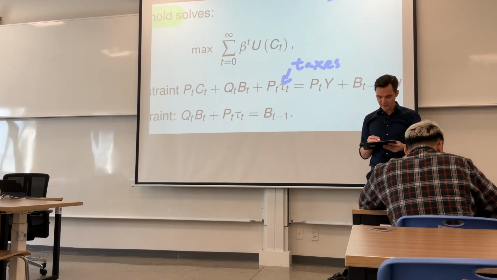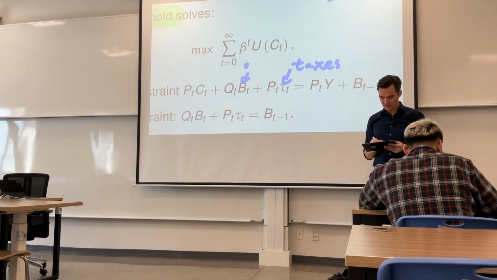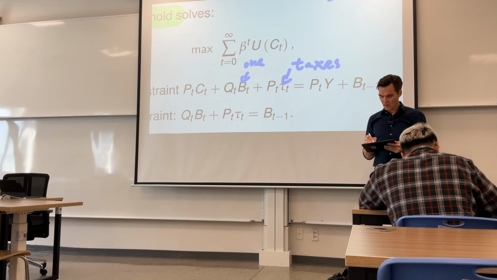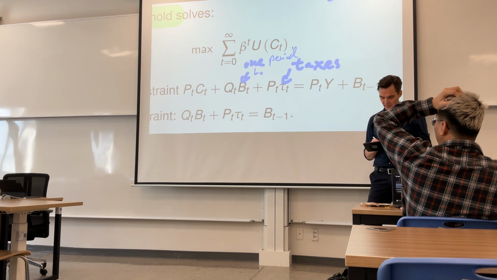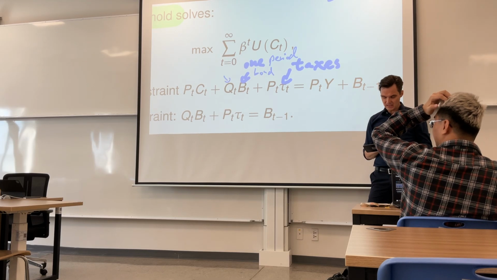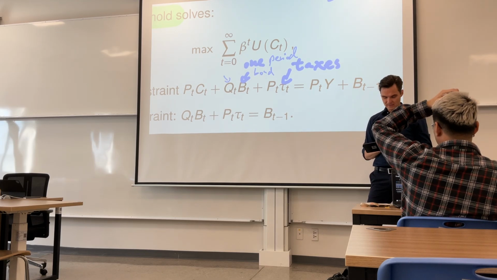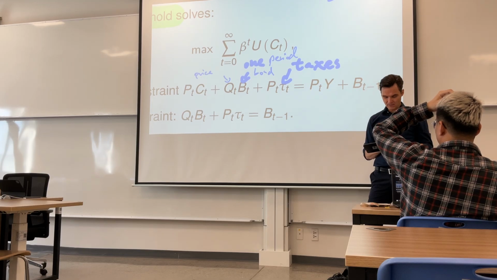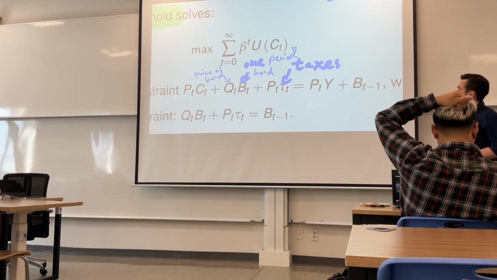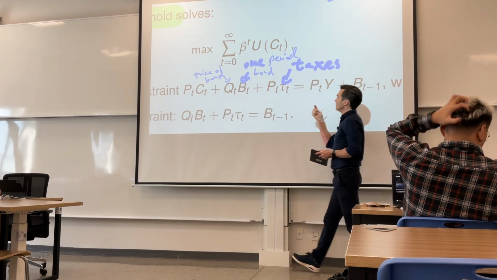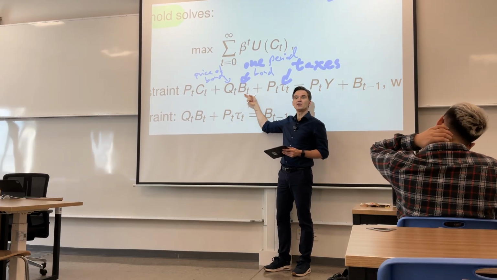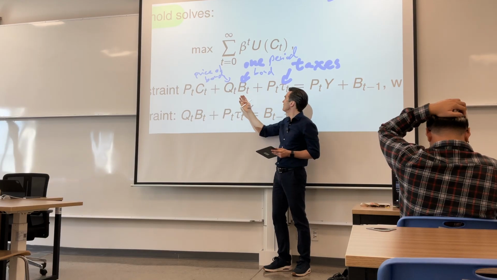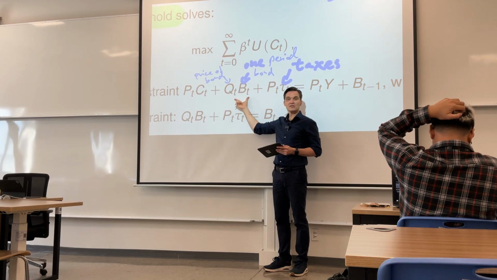It's a one-period bond, and Q_t is the price of the bond. You're going to buy the bond on the market. Those are your nominal savings. Each unit of B pays back 1 unit tomorrow, but what you are investing is less, so it's a discount bond.